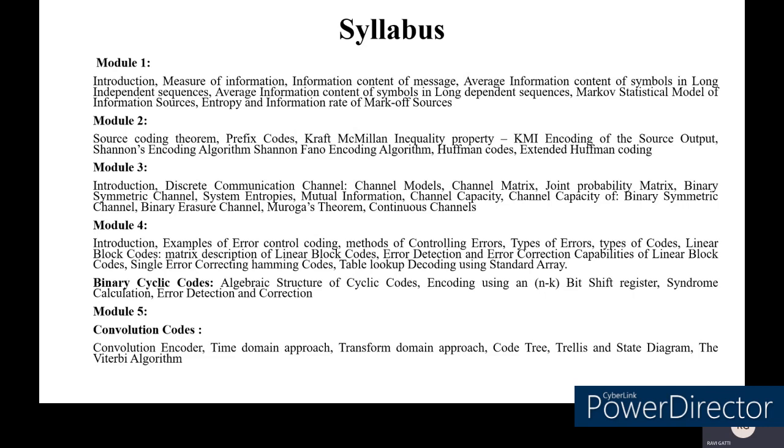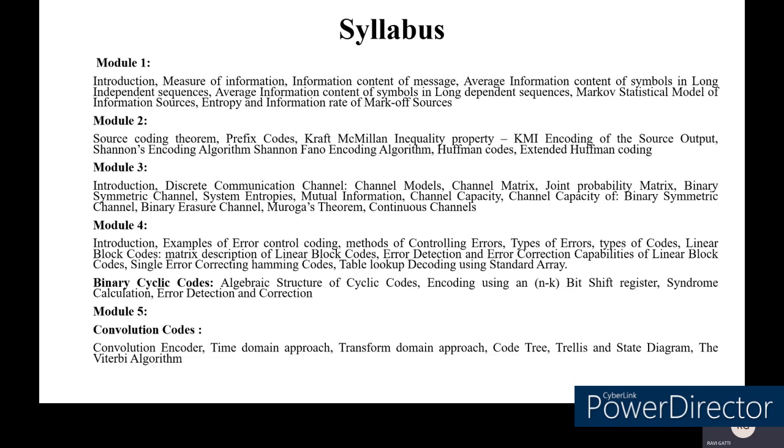Once we have converted the analog signal into digital signals through the use of these properties, the next step is to study the different types of source encoding algorithms. In module number 2, we are going to study 3 important source encoding algorithms: the Shannon encoding algorithm, the Shannon-Fano encoding algorithm, and the Huffman encoding algorithm.